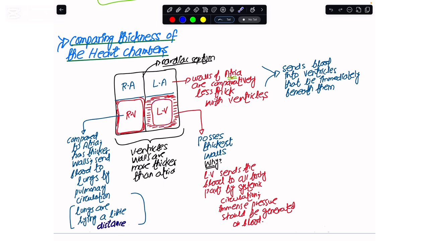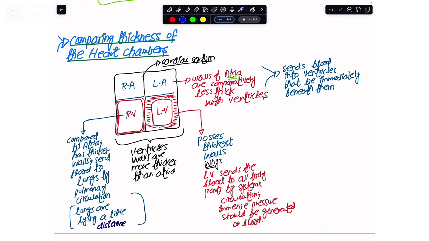Now we have to justify why this is the case in the heart. The right atrium and the left atrium are only supposed to send the blood into their subsequent ventricles, and since these ventricles lie immediately below the atria, the atria need not have much thicker walls.